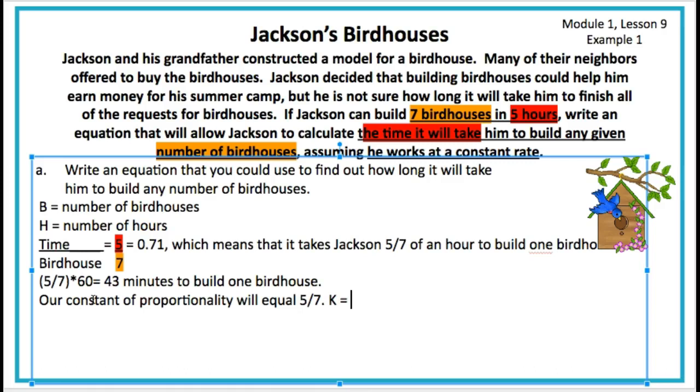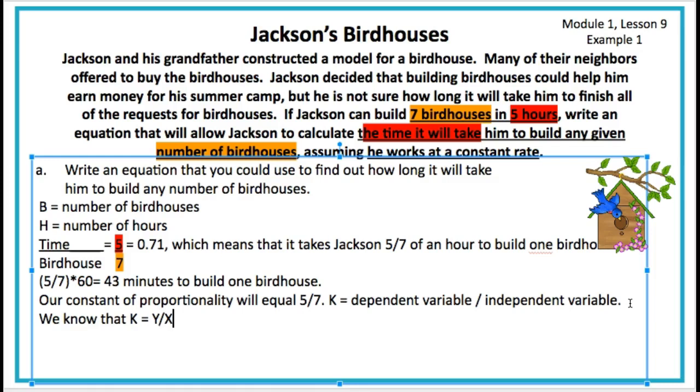Another way to look at the constant of proportionality is k equals the dependent variable divided by the independent variable. We know that k is equal to y over x.